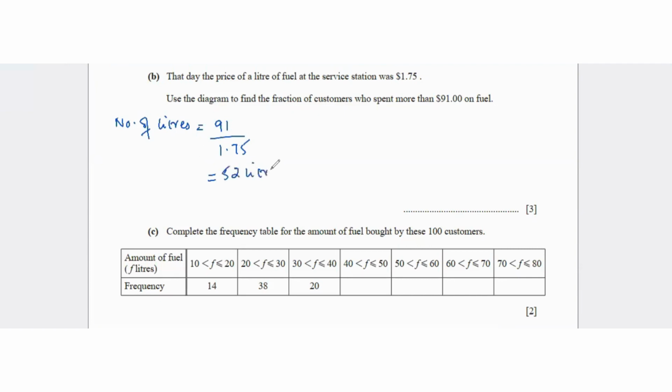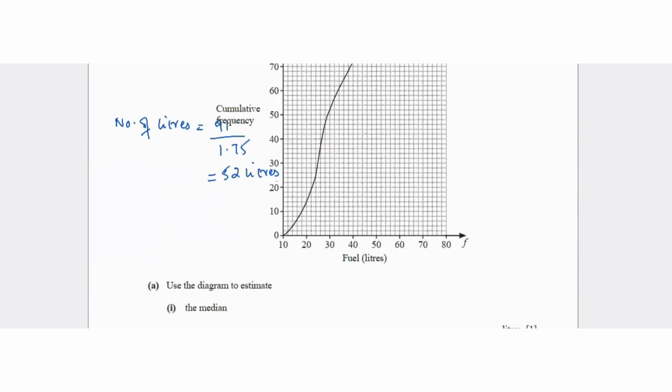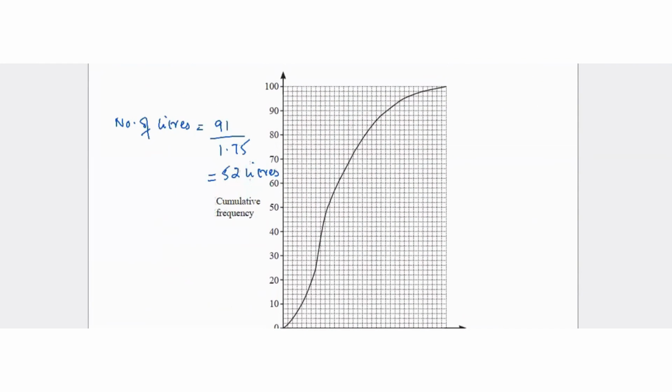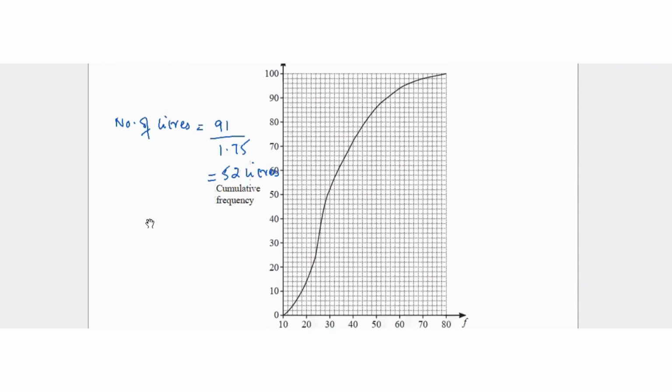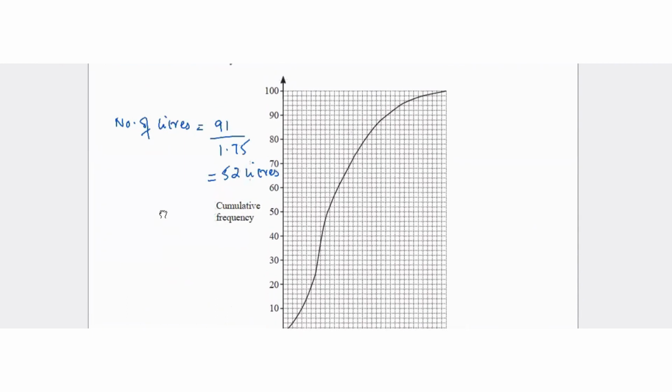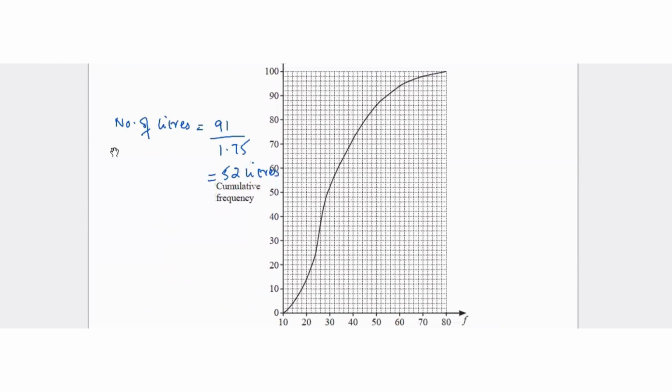52 liters. Now we go back to our graph and see which value gives us 52 liters. Over here and over here. So at the frequency of 88, we're getting 52 liters.